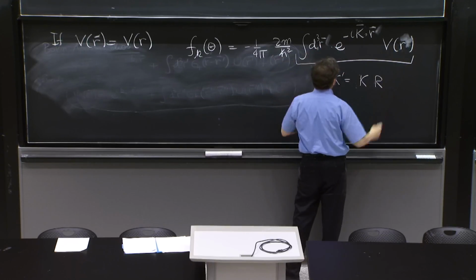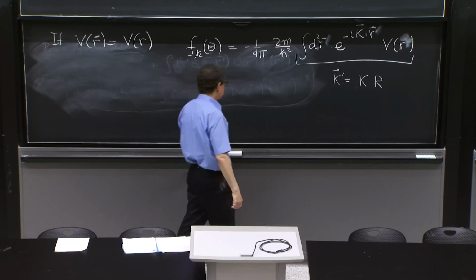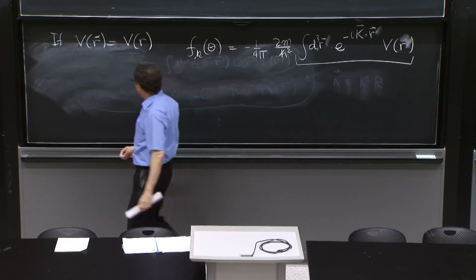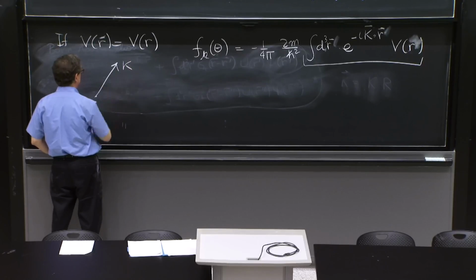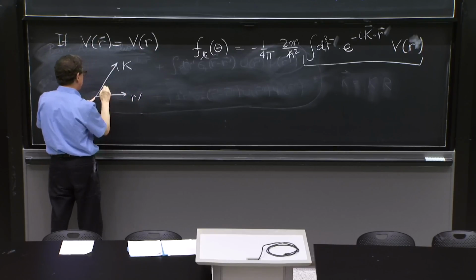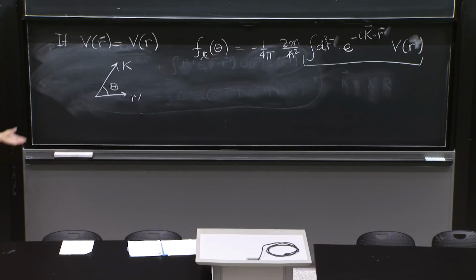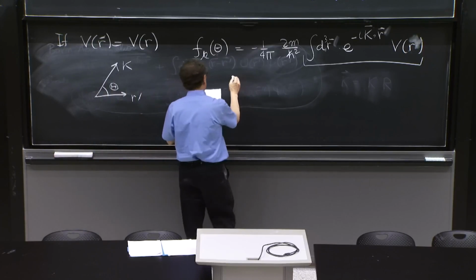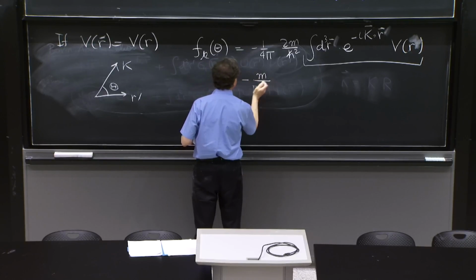So at the end of the day, this integral does not depend on the rotation you did. So bottom line, this integral just doesn't depend on the direction of k. And we can do it by putting k, or saying k is here, and now making it explicit by putting r prime here and calling this angle theta. And we just do it. So if we call it that way, this integral is, you have minus m over 2 pi h squared.